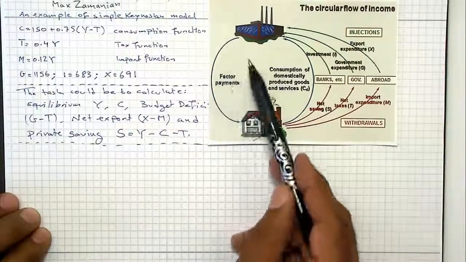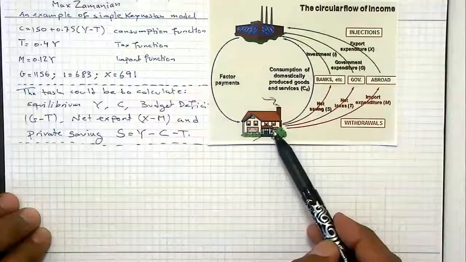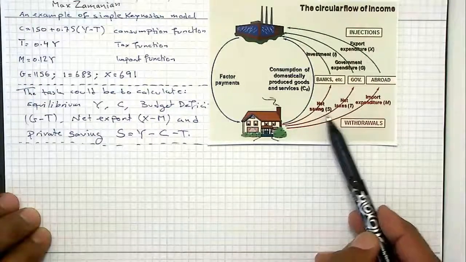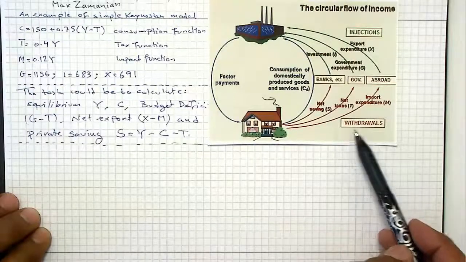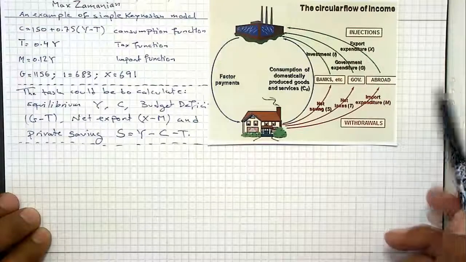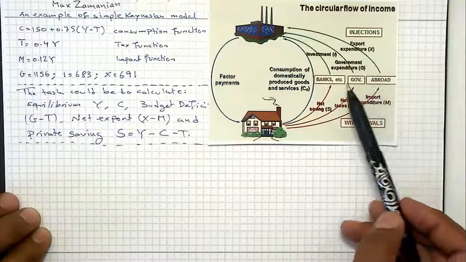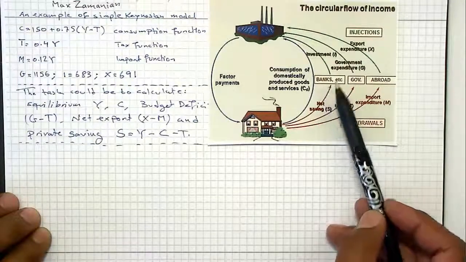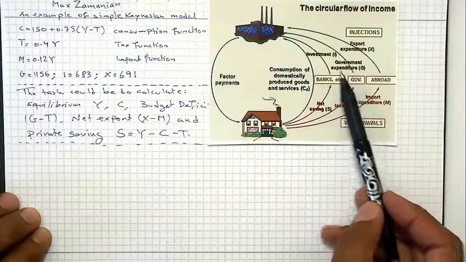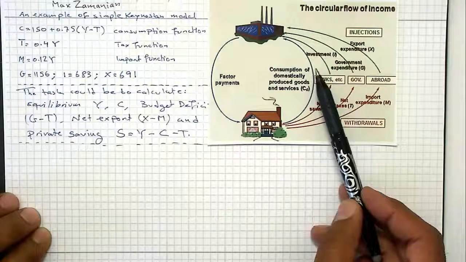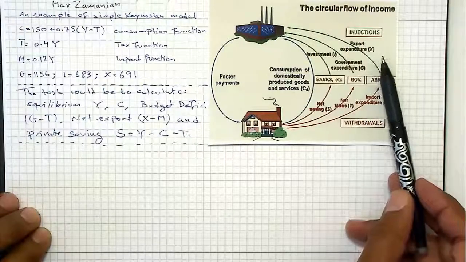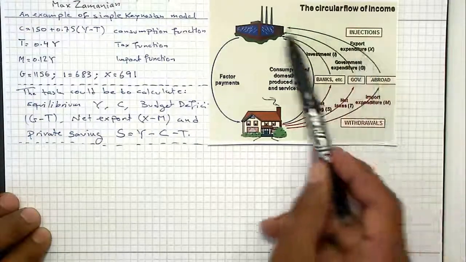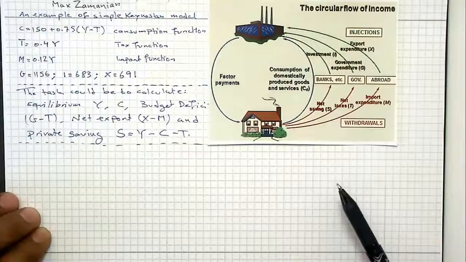So if factor payments come to households, some goes to savings, some goes to taxes, and some to import. So these are withdrawals. And also in the model there are some variables called injections: investment, government expenditure, and export, that are injections to the economy.